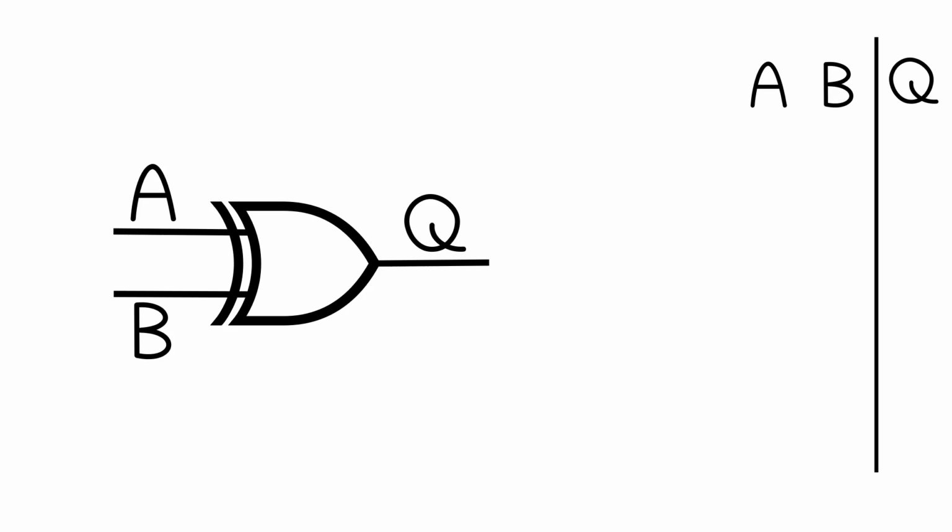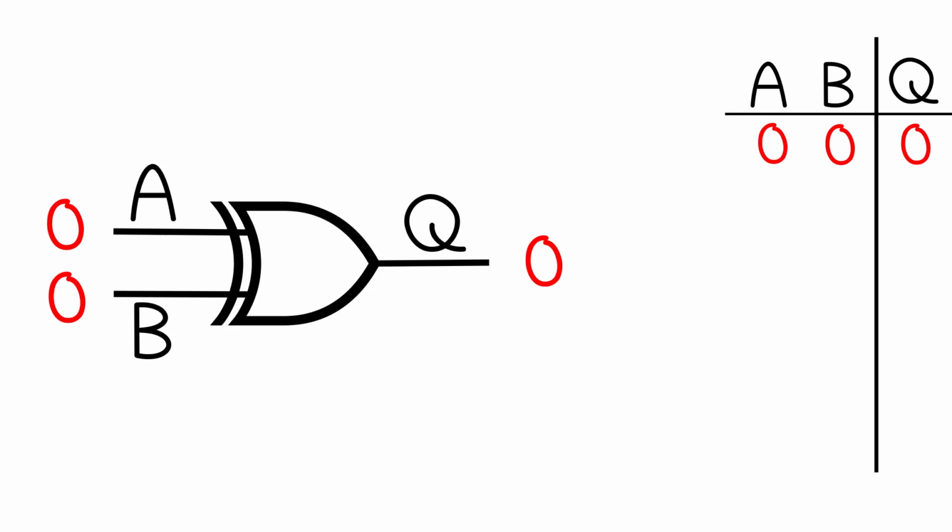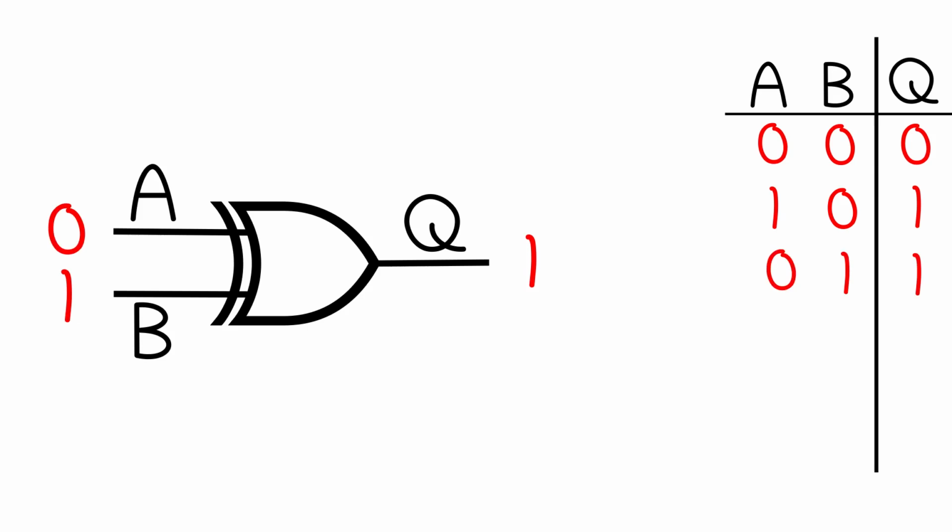What happens when we've got a 0 on the A input and a 0 on the B input? We get a 0 on the output. What about a 1 on the A input and a 0 on the B input? We get a 1 on the output. What if we've got a 0 on the A input and a 1 on the B input? We also get a 1 on the output.